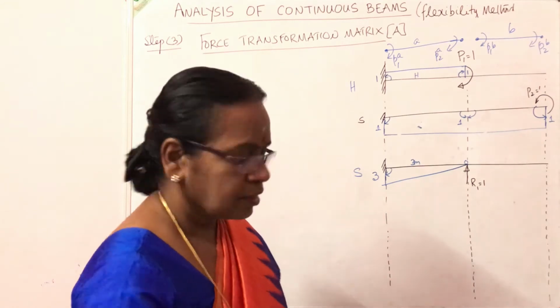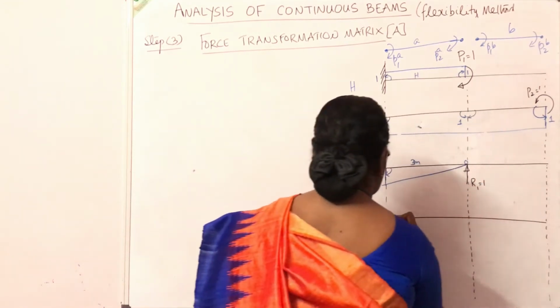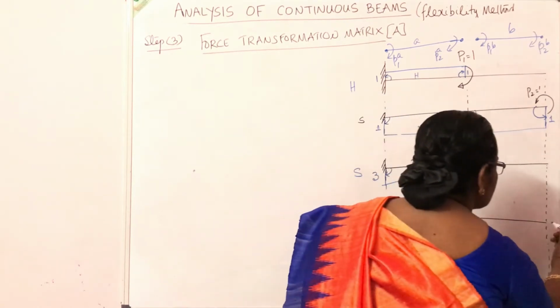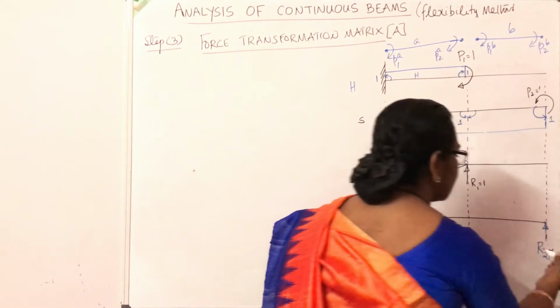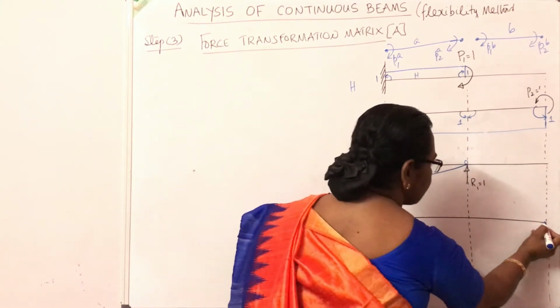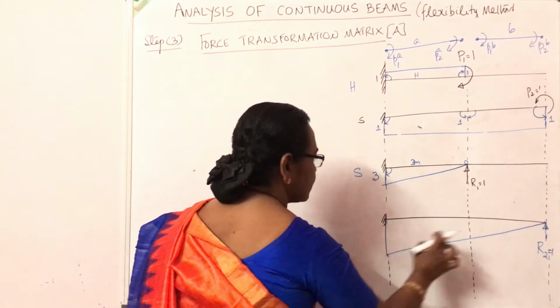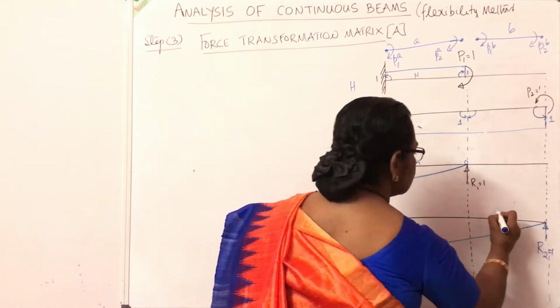Next is R2 equal to 1. This is a cantilever with unit load here, with R2 equal to 1. Here also this produces sagging, and the total distance is 5 plus 3, which is 8. So this is 8. This point, this distance is 5.